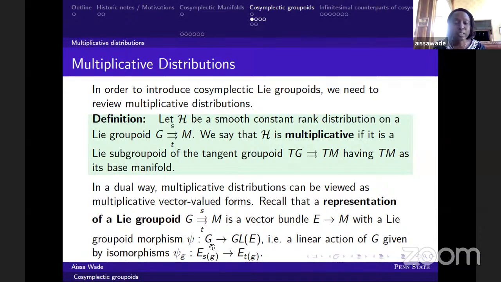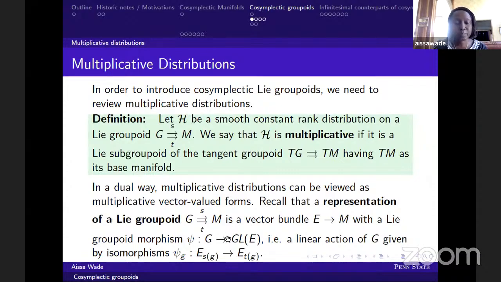So to any element of G, I have an isomorphism taking a fiber to a fiber. Here this is a fiber over the source of G, and here you have the fiber over the target of G. Okay. So this is the usual notation, just to remind what this means.